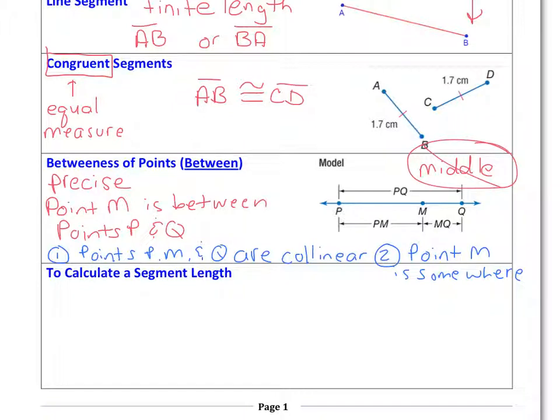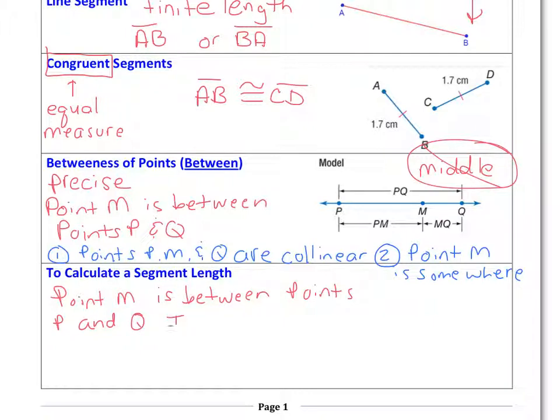Now, to calculate a segment length, I'm going to use the same diagram here, and I'm going to use very specific language in geometry. So point M is between points P and Q, and I'm going to use an abbreviation for if and only if.